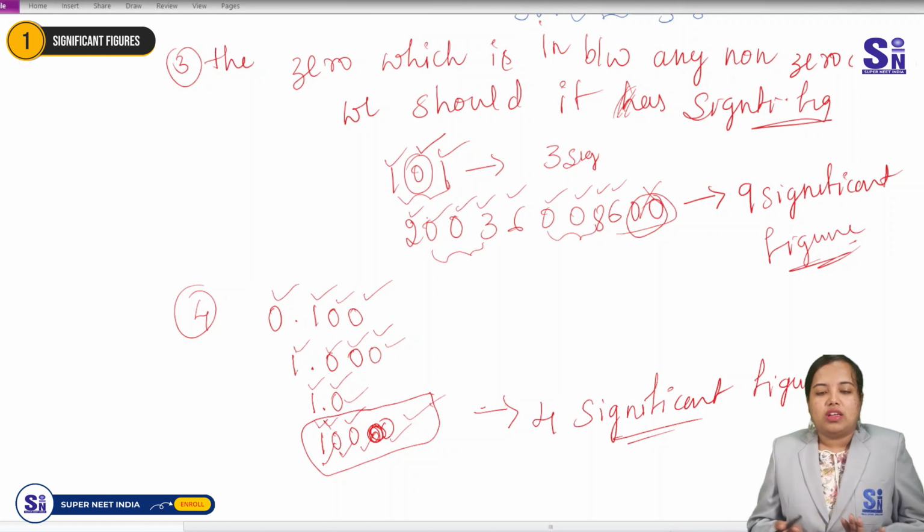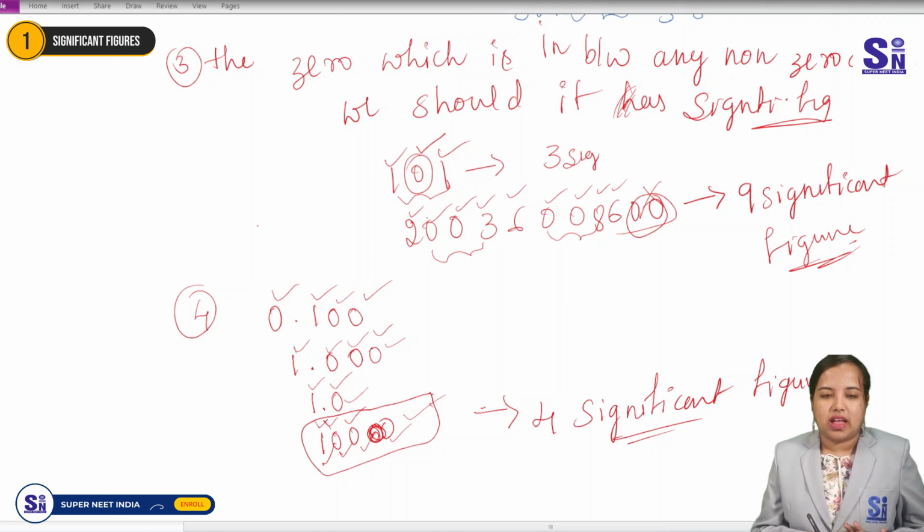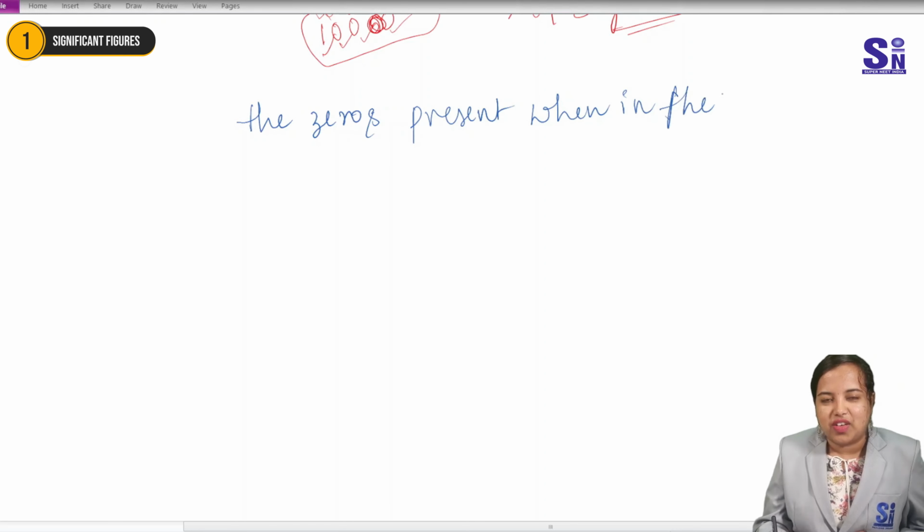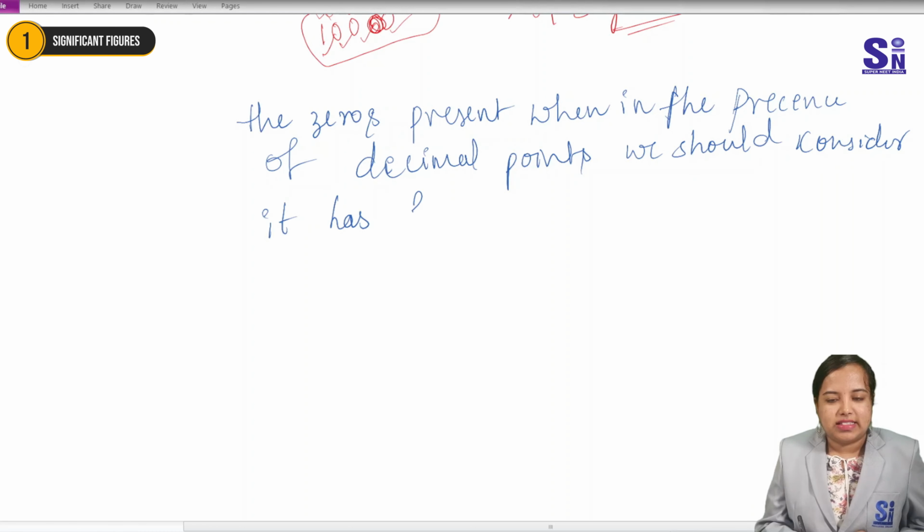Okay, so this is one rule, I will tell you the rule. Now you should answer those questions. Okay, so what is the rule? The zeros present in the presence of decimal points, consider them as significant figures.